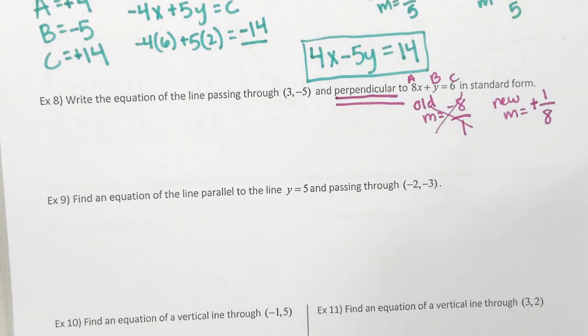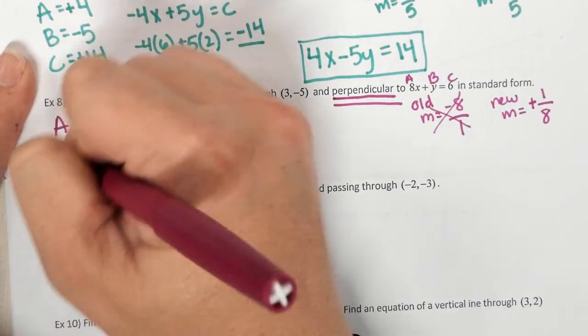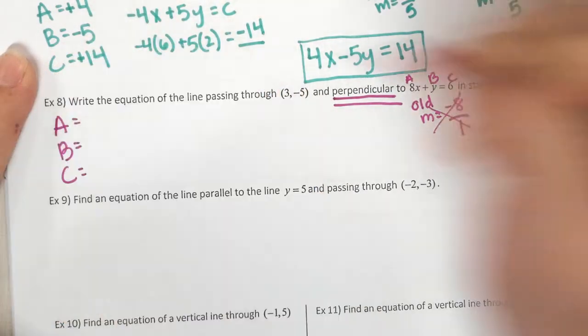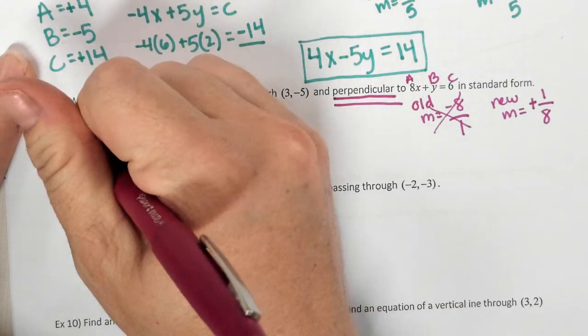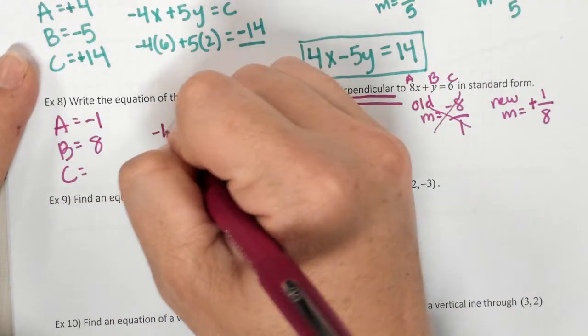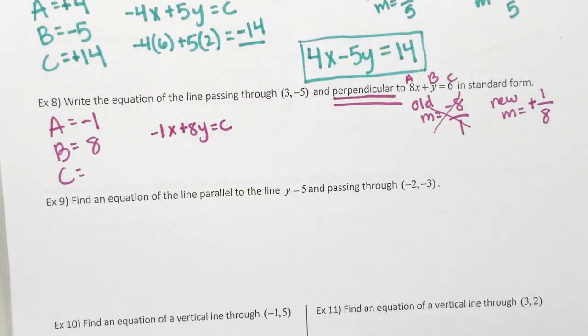It's up to you. And it says in standard form, so A, B, C. What's the opposite of the top? Negative. Exact bottom? And I'm plugging in what I know. Did it give me a point? Yes.